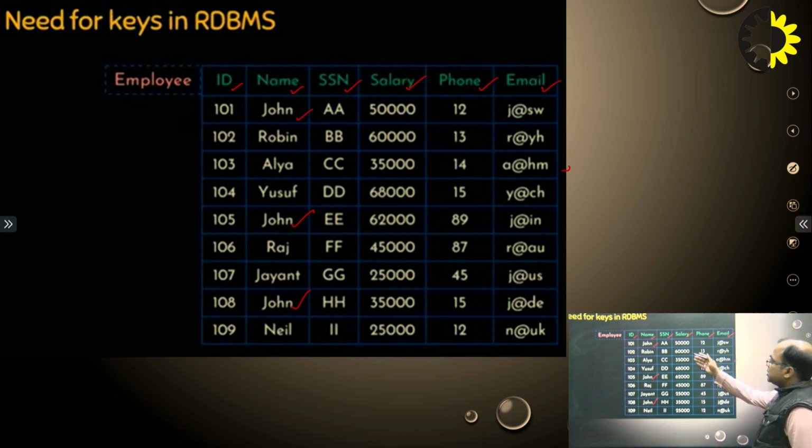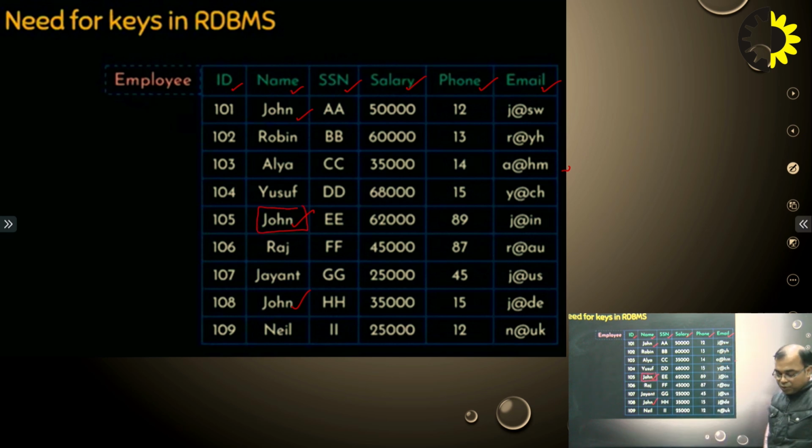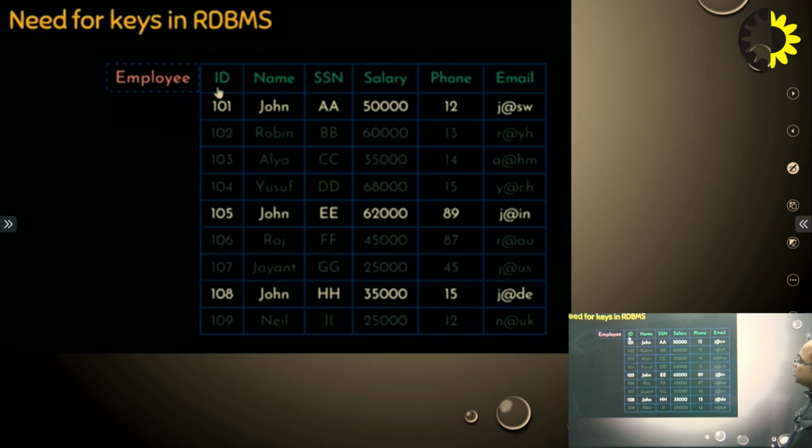It means the salary of all three Johns would increase, but we are concerned with only one John. There are 3 Johns in this table. Even within one department there may be 2 Johns, so that is also not enough.